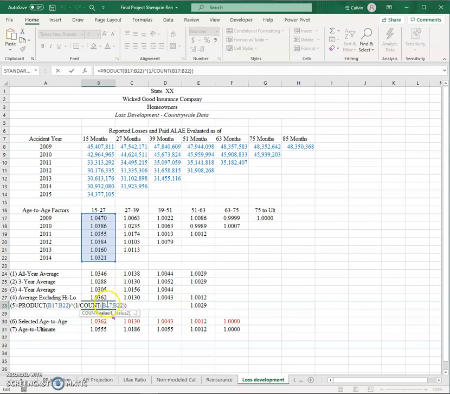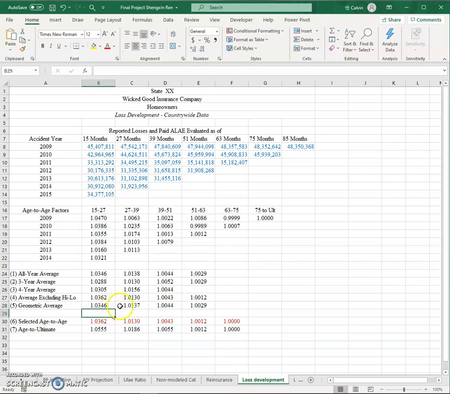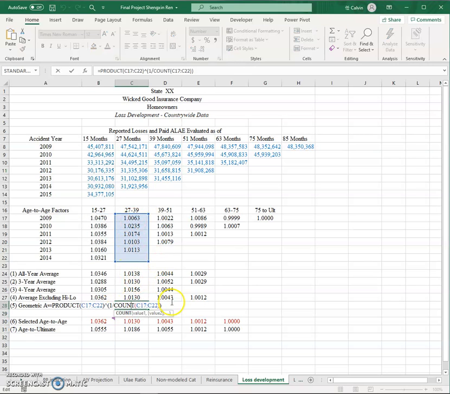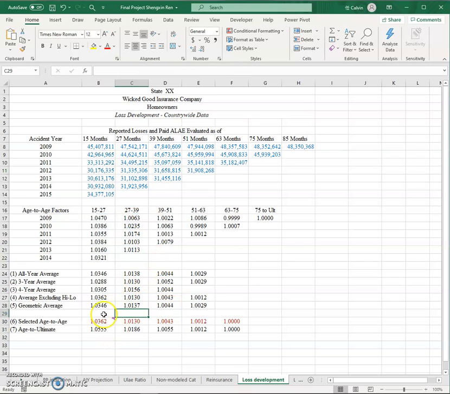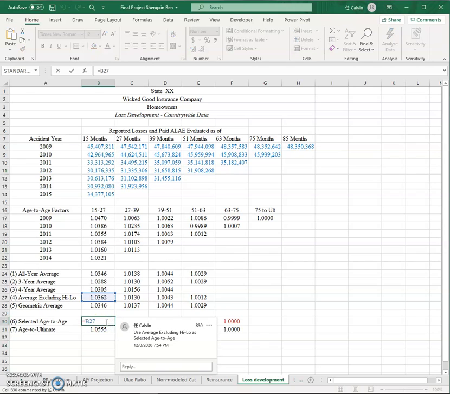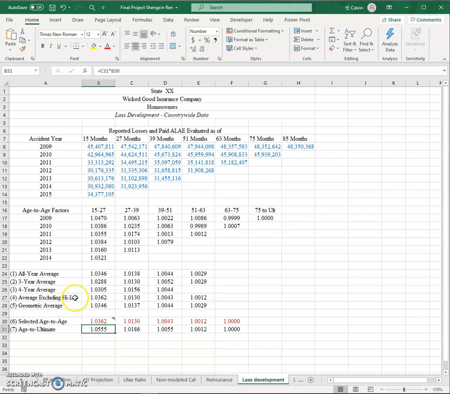We just use the COUNT formula, and same for the rest. And for the selected age-to-age, we just use the average excluding high and low.